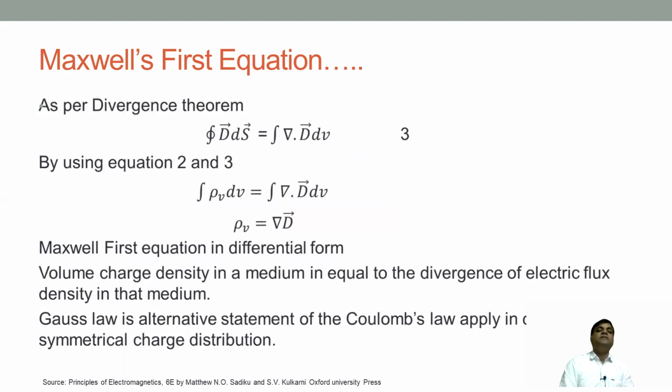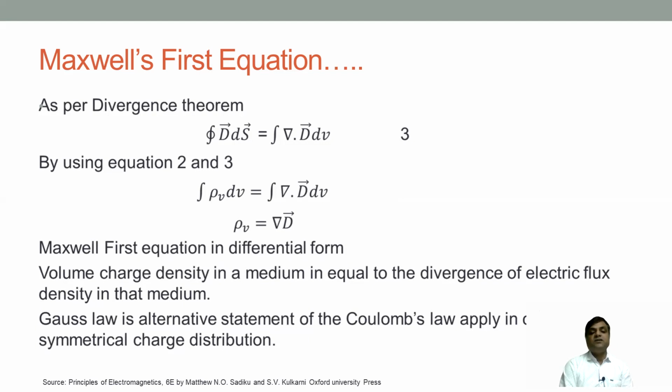Then, if you want to calculate this Maxwell equation in differential form, we use the divergence theorem. The divergence theorem describes the relationship between the surface integral and the volume integral. As per the divergence theorem, the integral of D dot dS is equal to the integral of the divergence of D dv.